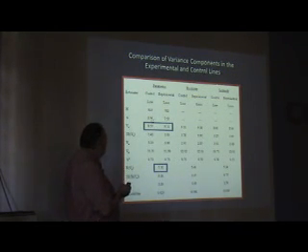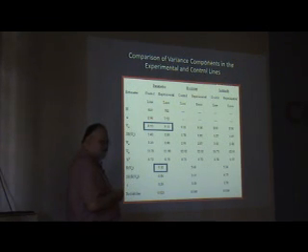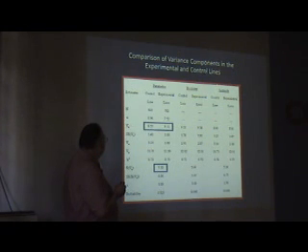You can see that it's bigger, 9 for the control lines, only 7.5 for the experimental lines, because there is inbreeding depression for productivity. And then here's the additive variance calculated for the control line and for the experimental line. And you can see the experimental line has a higher variance. These are the standard errors of the two variances.